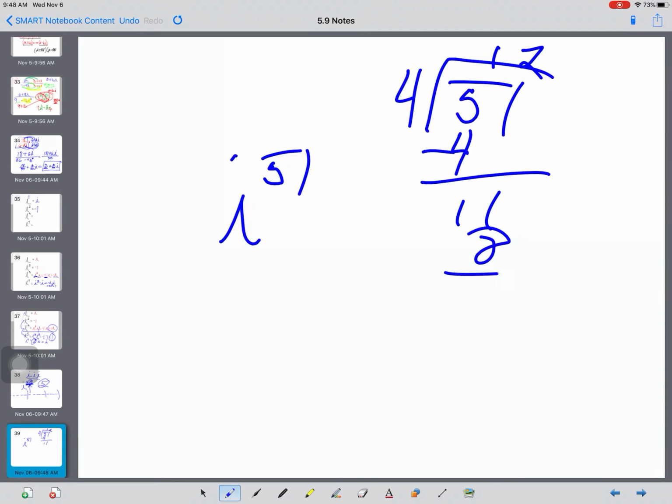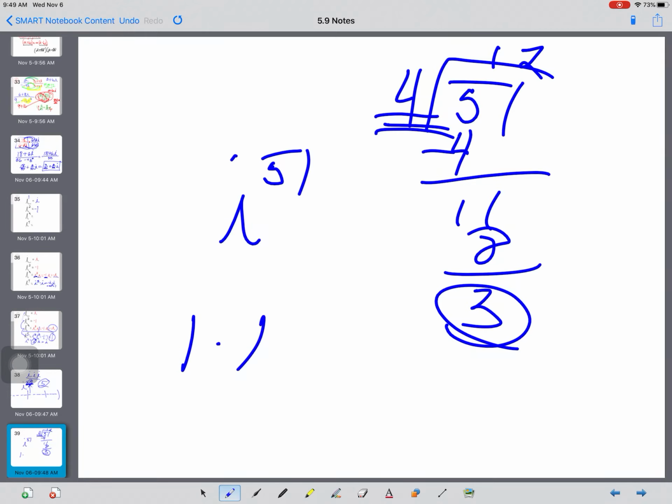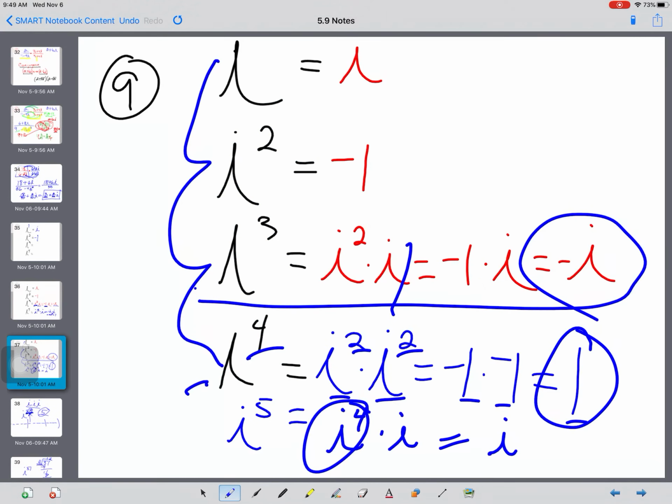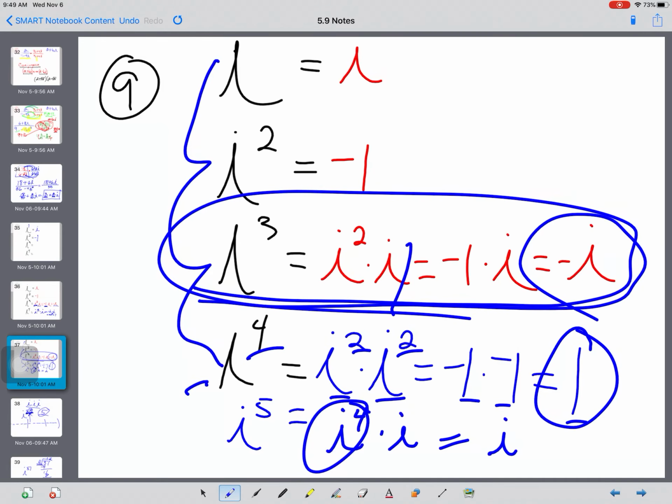And so that's 8, and that leaves 3. So every group of 4 i's would just be 1, and so then it would end up as i to the third. So this one also would be negative i, because back here we figured out that i to the third power was negative i.